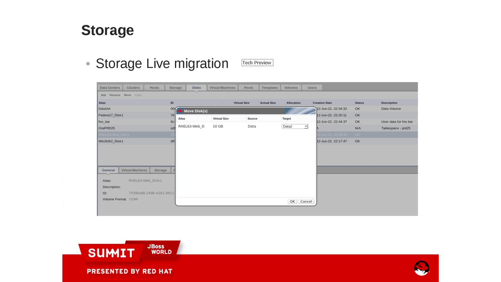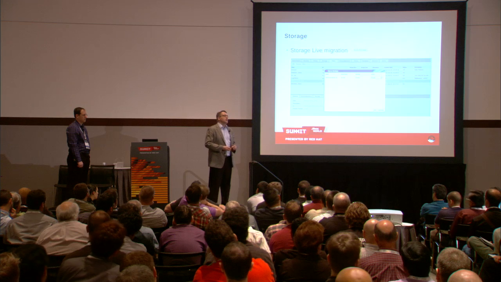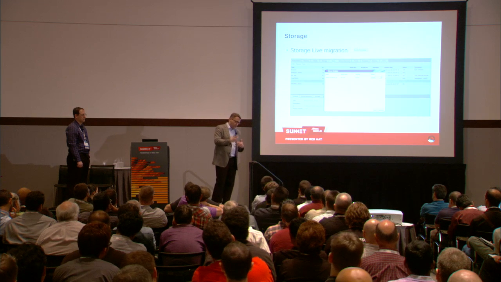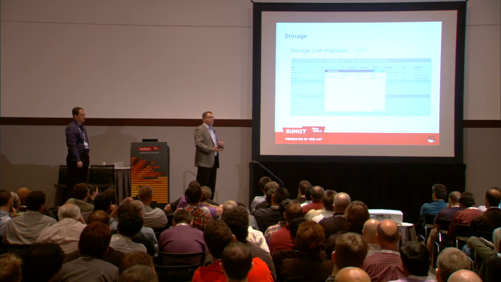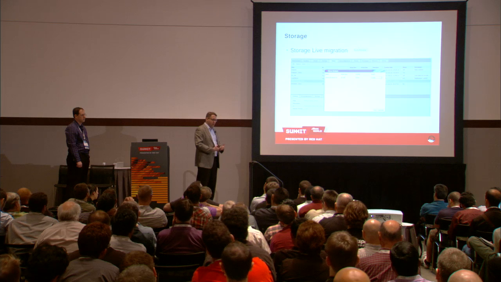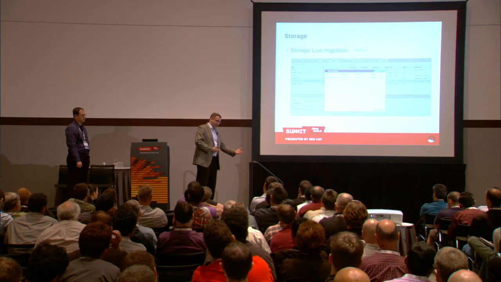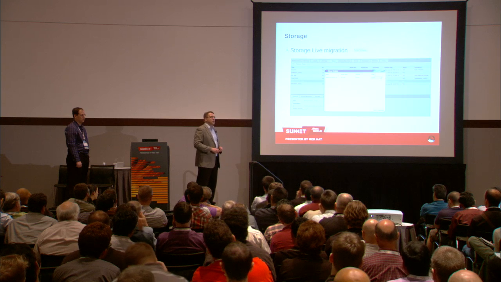But if I want to go between this SAN and that SAN, and you haven't got that feature, a lot of work has been done both on the management tier and lower in RHEL, a library called libStorageMgmt that abstracts storage operations so they can be offloaded to the array. If I want to clone a disk image, it's a lot better for the array to clone that than for me to read a block, write a block, read a block, write a block.